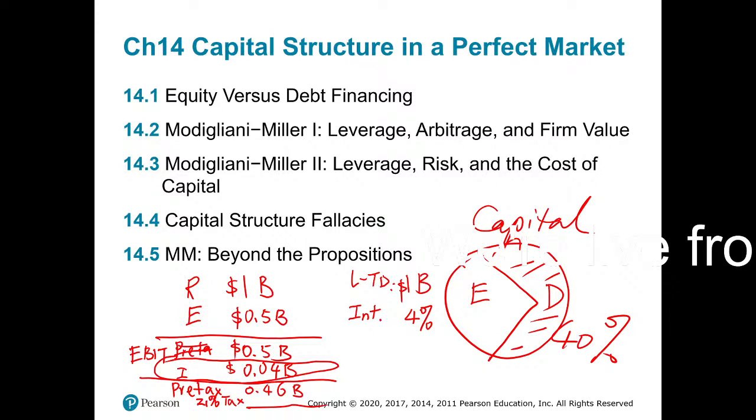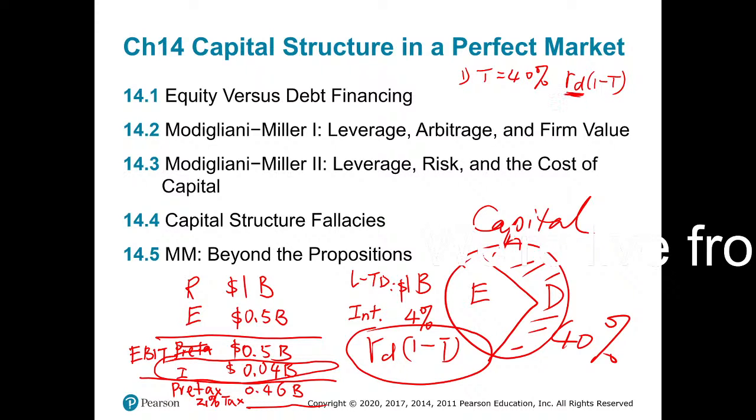So the cost of debt, in a sense, is the after-tax cost of debt. If the cost of debt, RD, is 4%, what we use is the after-tax cost of debt. Let's do these two calculations. If the tax rate is 40%, what is the after-tax cost of debt?